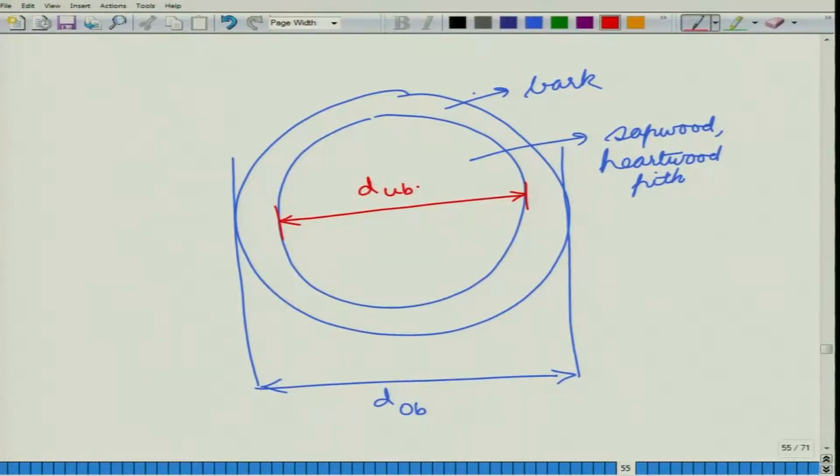In this case you could remove all the bark, and whatever remains, that consists of the sapwood, hardwood and pith. If you measure that diameter, it would give you the underbark diameter. From these two, we can also figure out the thickness of the bark. So, this is the bark thickness.